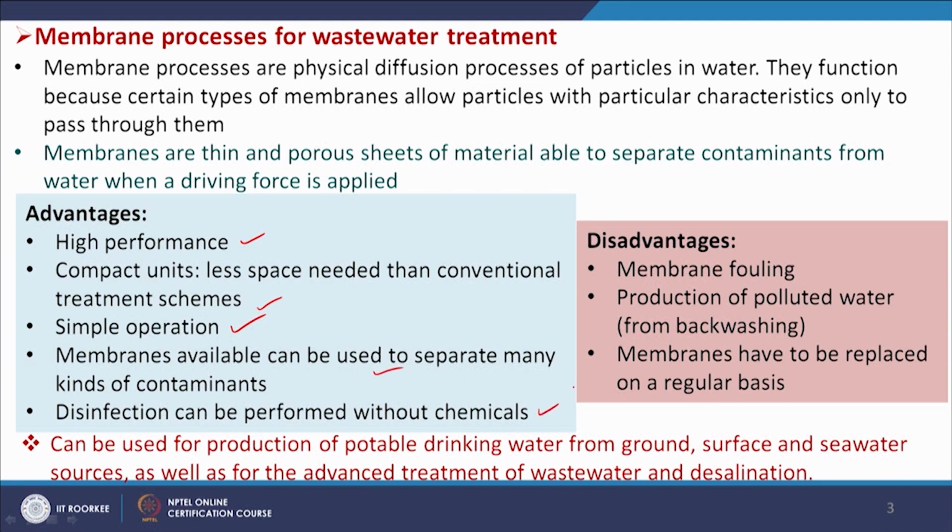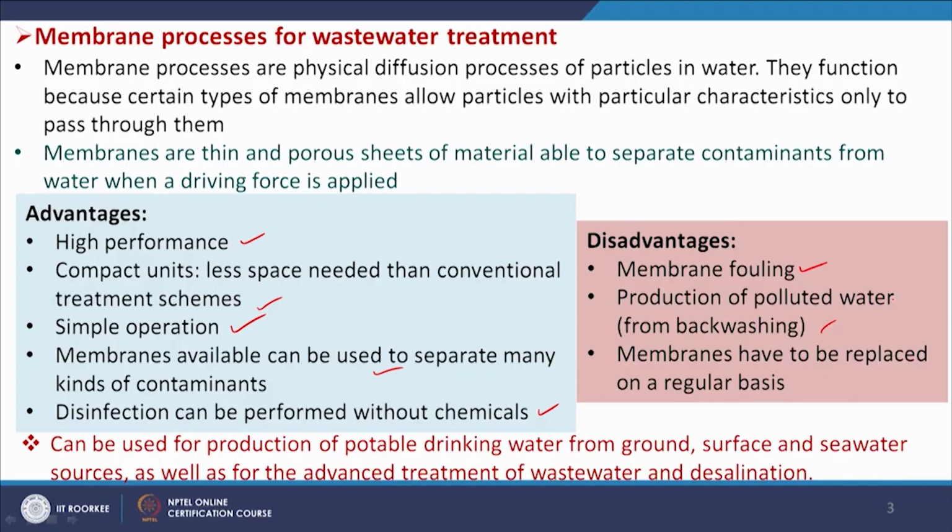But it has some disadvantages also, like membrane fouling. The pollutants are deposited on the membrane surface and also in the pores of the membrane, and those get clogged and it loses its efficiency. And there is production of polluted water: the water molecules pass through the membrane, and on one side we get the permeate and on the other side we get the concentrate.